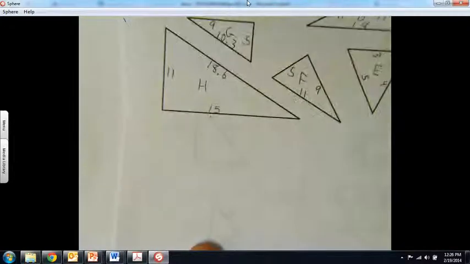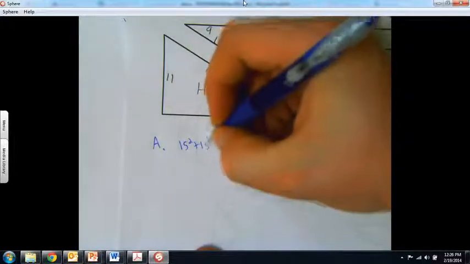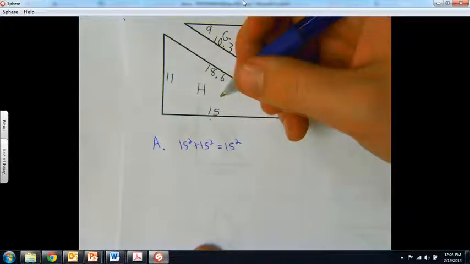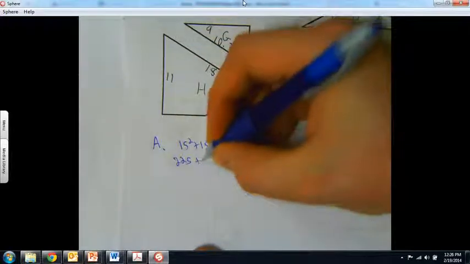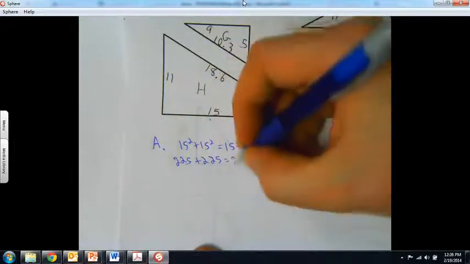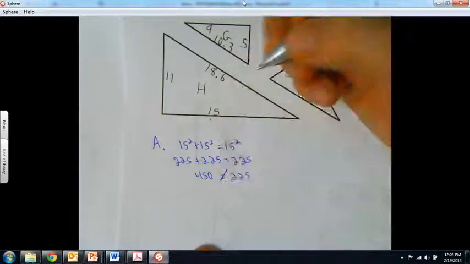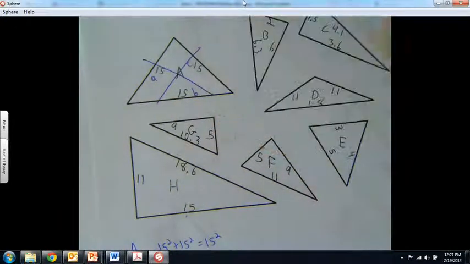So for triangle A, it's going to be 15 squared plus 15 squared equals 15 squared. So that should already start not making sense. 15 squared is 225. So 225 plus 225 is 450, and 450 does not equal 225. Therefore, it is not a right triangle. So I'm going to take that one, cross it off. Okay, it's off my list.